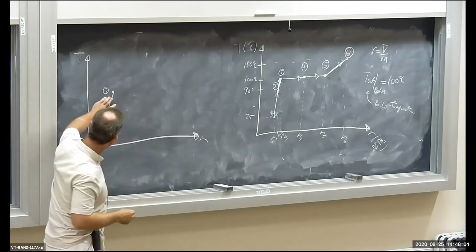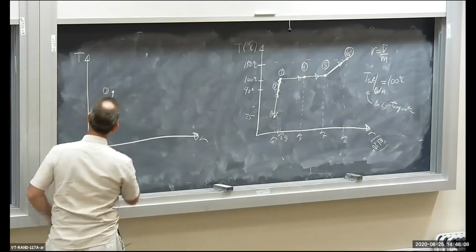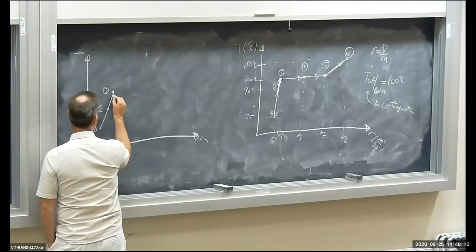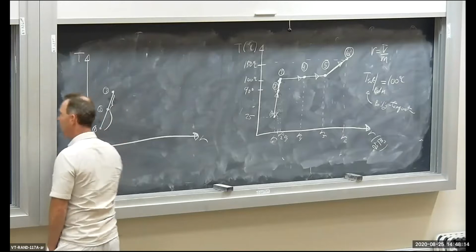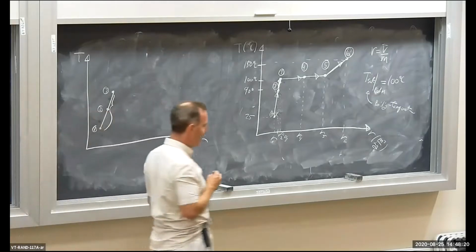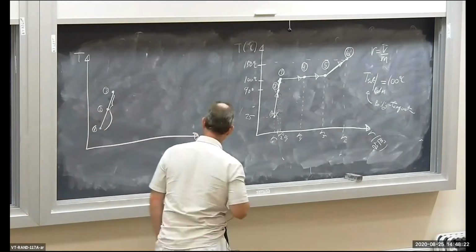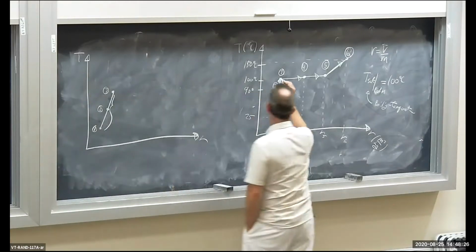And in this region right here, in this region right up to state 3, we were a liquid, but we were a liquid below the boiling temperature. Remember, right at state 3, we were at 100 degrees.